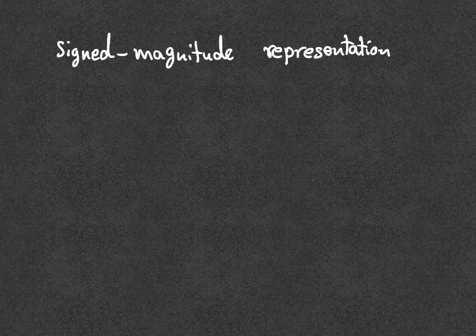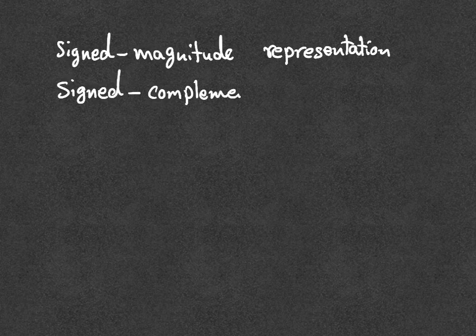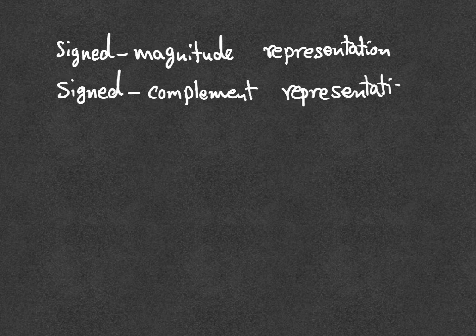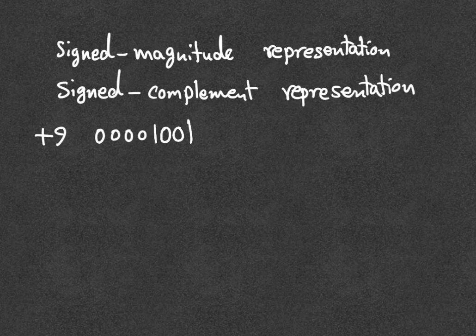You also have another approach which is called signed complement representation. In this case, for example, positive 9, let's say you have an 8-bit number, so 1001.